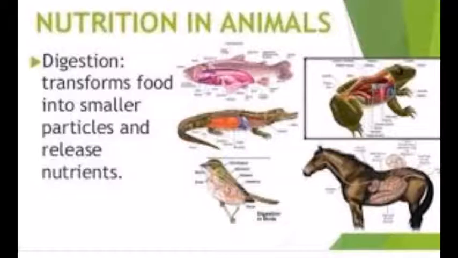Okay, page 4, question number 2. The first question is, explain the term balanced diet. So, I need the answer from you. Can anyone tell me what is balanced diet?